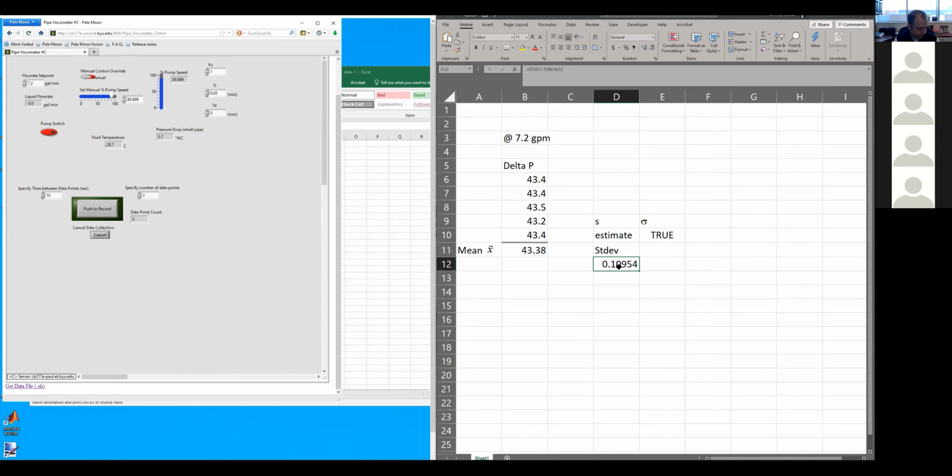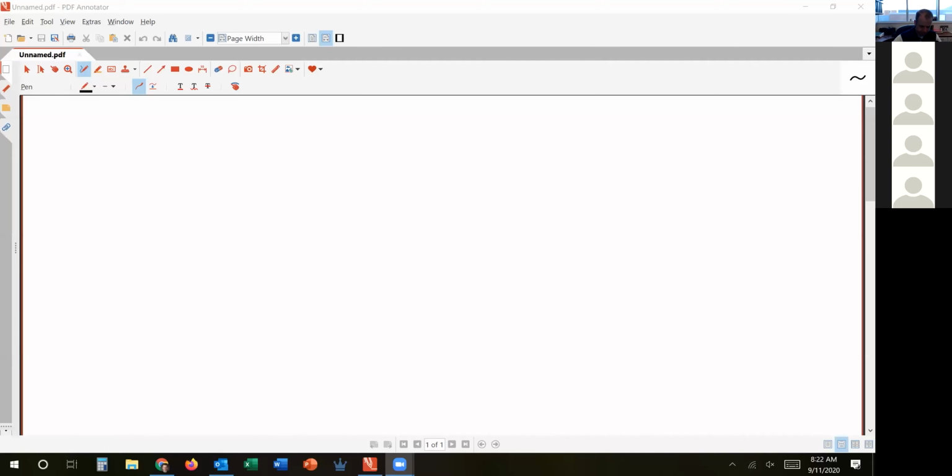So let me show you. I'm going to share another screen real quick on my tablet. You guys see the tablet now? So remember what a standard deviation is.